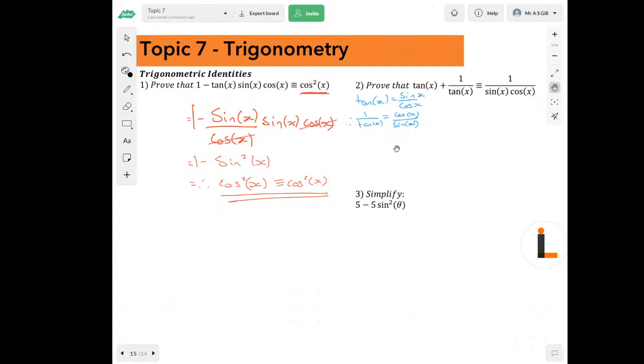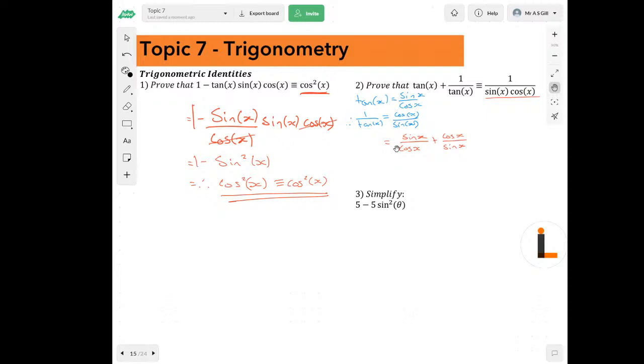So now, again, I'm going to keep the right-hand side the same. I can write the left-hand side as sine x over cos x plus cos x over sine x.